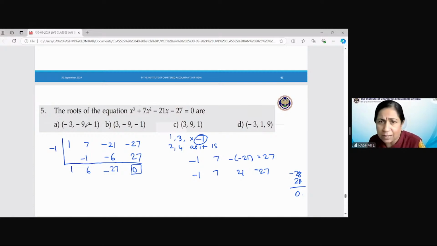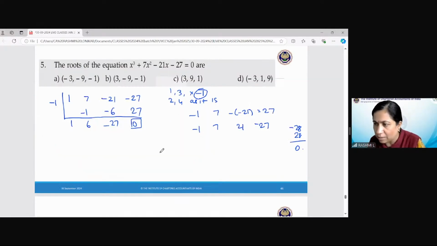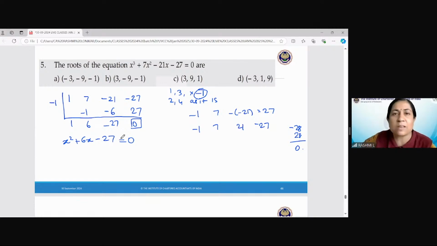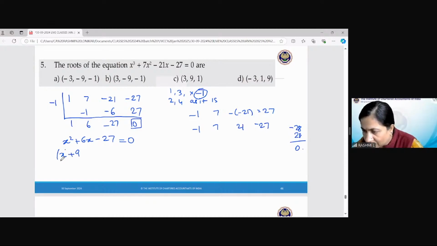अब यहाँ पे आप देख रहे हैं कि A और B दोनों में वो फैक्टर है -1. Now let us see. This is equal to x square plus 6x minus 27 equal to 0. Obviously, -27 factors are 3 and 9. So this will be equal to x plus 9 and x minus 3 equal to 0, right?